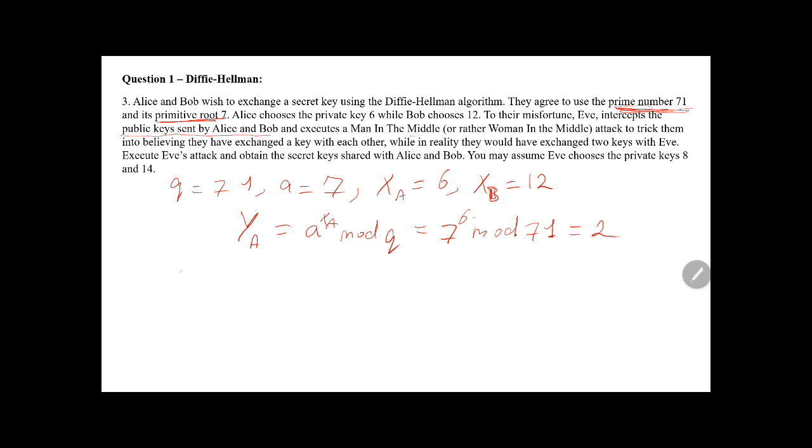To do the same for Bob: YB is equal to A power XB modulus Q, which is equal to 7 power 12, because 12 is his private key, modulus 71, which is equal to 4.